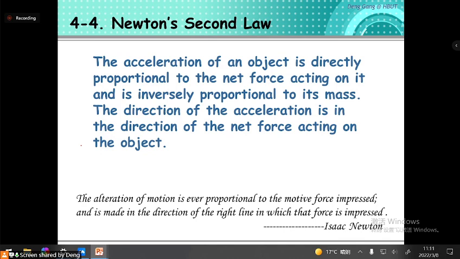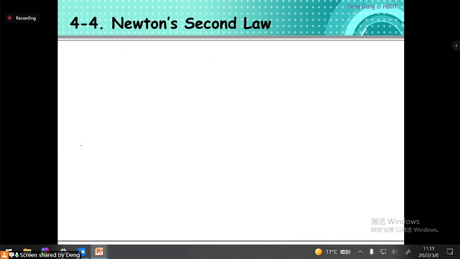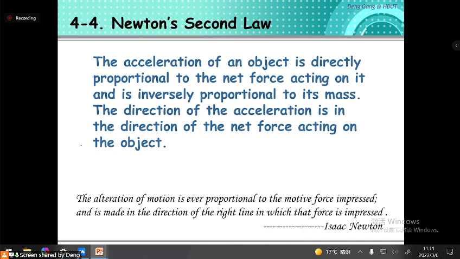The direction of the acceleration is in the direction of the net force acting on this object, and we can use a simple equation to describe this: F is equal to ma. Maybe you are familiar with this equation. This is the force, and it is equal to the mass times the acceleration.